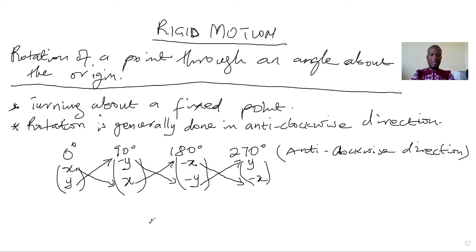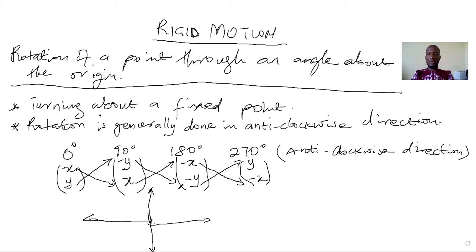Let's say you are standing directly facing here. Here is your 0 degrees. 90 degrees anti-clockwise, that means you'll be facing here. Then 180 you'll be facing here, 270 you'll be facing here, and then 360 you are back to the original position. All right.